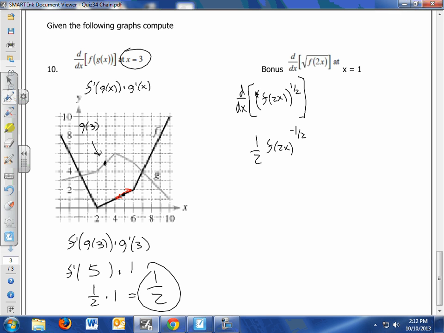Okay? But now I actually have two functions left. I don't just have 2x, I have this f. So I have to take the derivative of f of 2x. Well, the derivative of f of 2x is the derivative of f of 2x times the derivative of 2x. So this is the derivative of this.